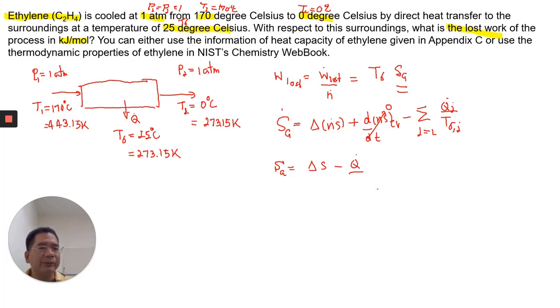So it must be Q dot divided by T sigma. And our W loss will become plus T sigma delta S and minus Q dot.